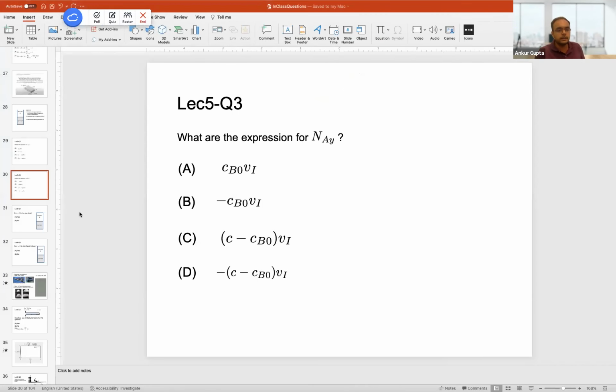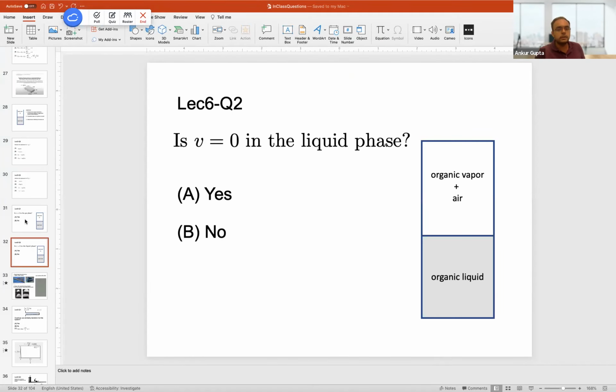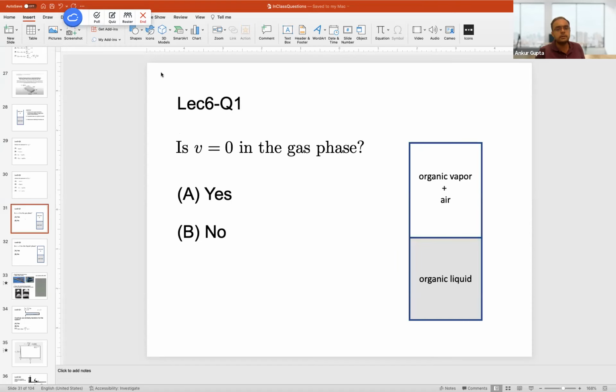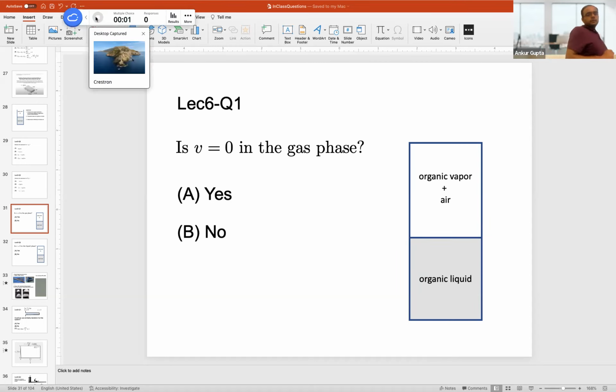Let's take a quick poll for that. What do you think? Will it be zero in the gas phase, or do you think it'll be non-zero in the gas phase? Let's do a quick poll here. Hopefully you can see, and we'll just keep it quick because it's just a yes and no answer. Let's hopefully it comes through. Yes, should be on everyone's screen. So select the response, yes or no, and then we'll talk about it.